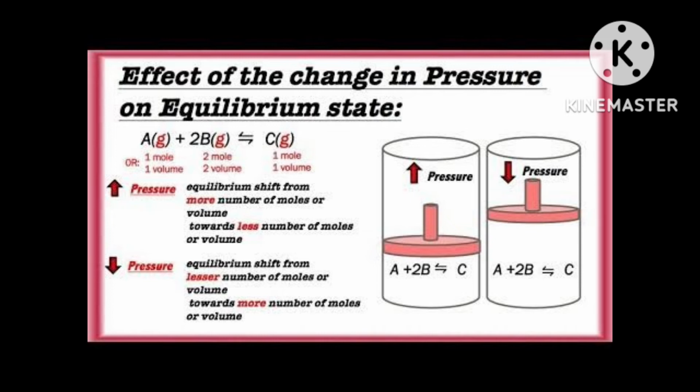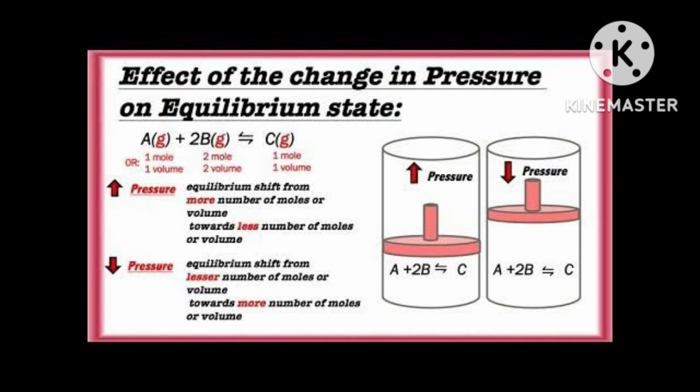When pressure is increased, if you apply, then what will happen? The reaction goes in the reverse direction because the number of moles of gas increases in the forward direction.